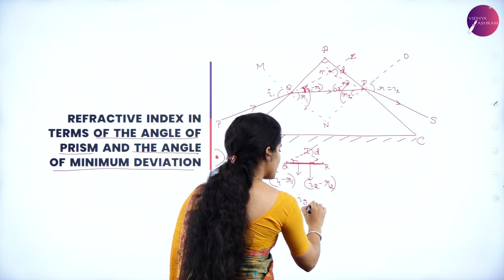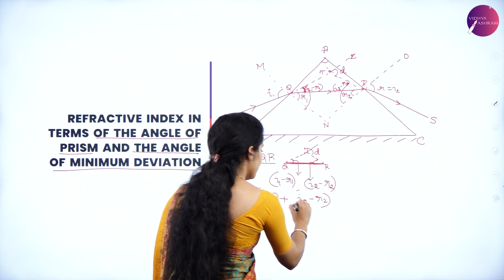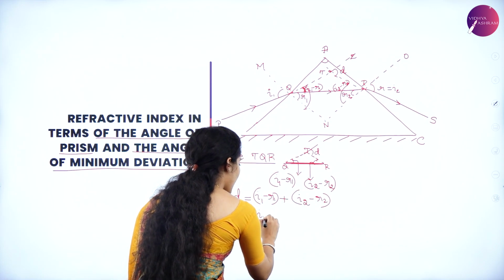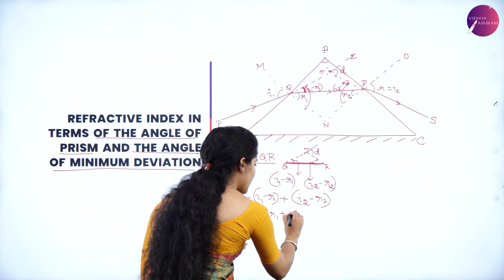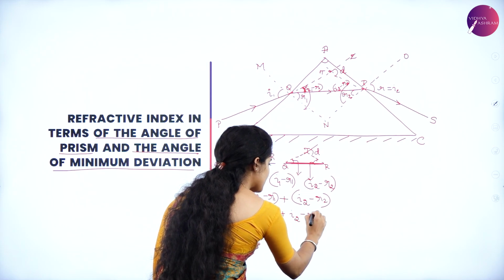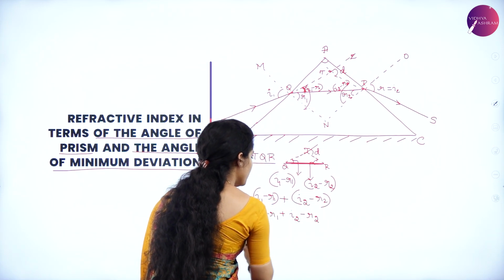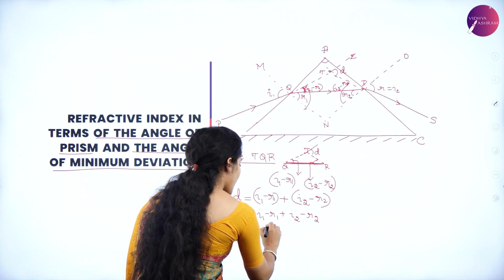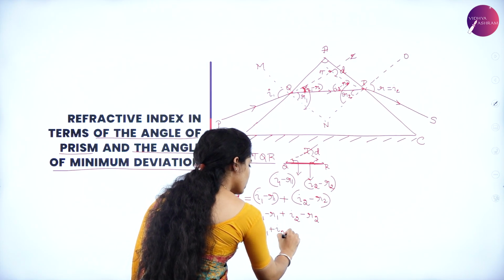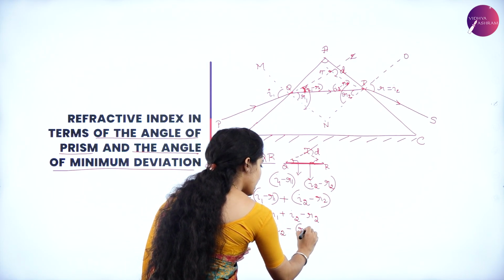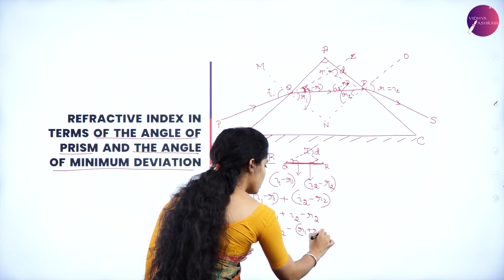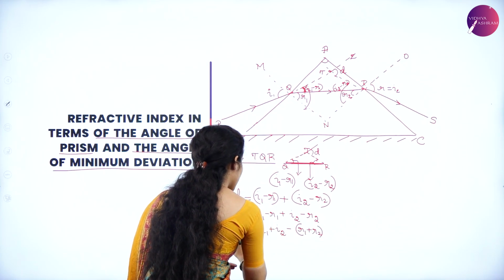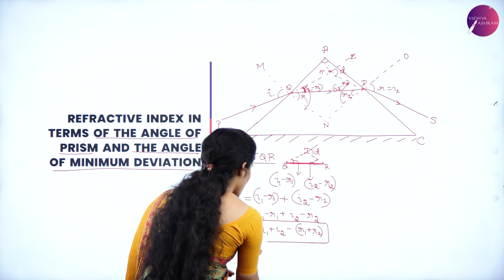So both are opposite to each other. So I can write in this manner. So this turns out to be I1 minus R1 plus I2 minus R2. So how are you giving this? I1 plus I2 minus, you can take it common, R1 plus R2. So this is D, and call this equation as 1.